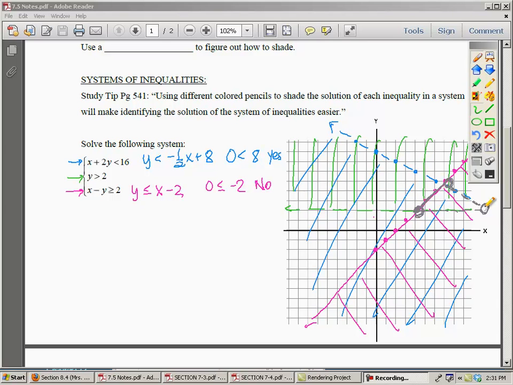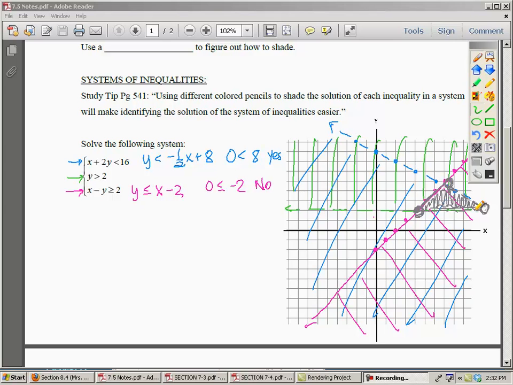We don't necessarily consider these vertices because they aren't actually included in this set. So all of this stuff in the middle is our solution set. Okay, so that's the first example going through.